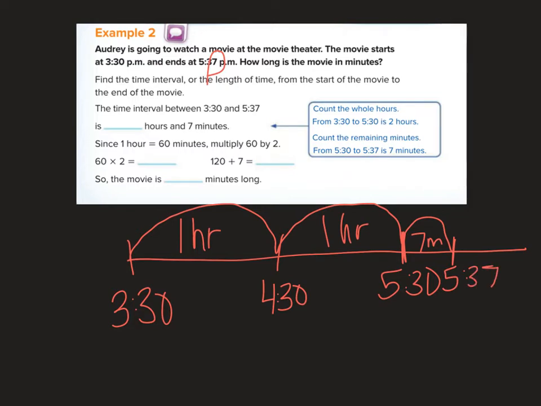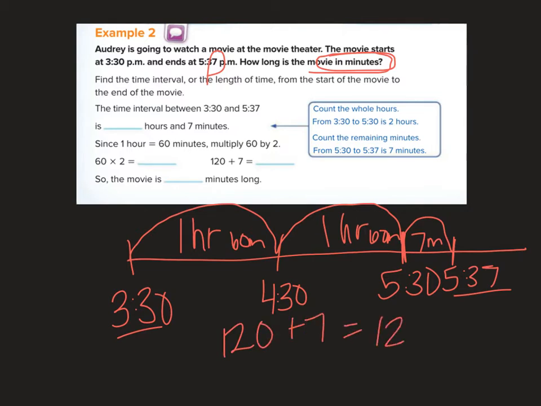So how much time passed from 3:30 to 5:37? 2 hours, 7 minutes. We want to know how long is the movie in minutes. So really this would be 60 minutes and 7 minutes. So 2 60s makes 120 plus 7 equals 127 minutes long.